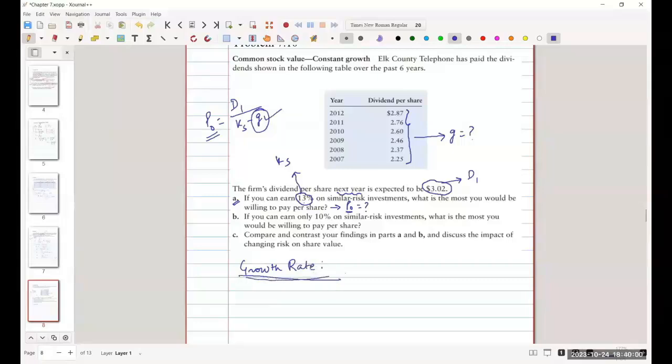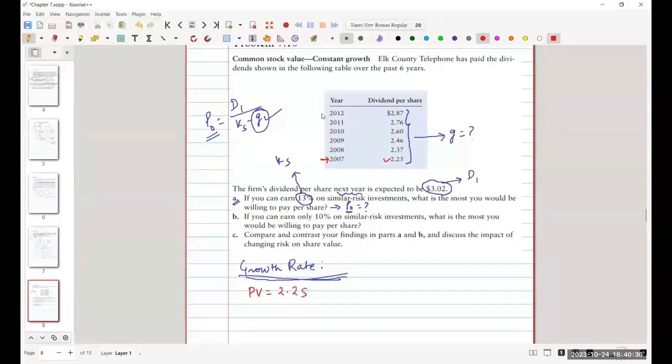On the calculator, let me change the color so that you can clearly see what I'm trying to tell you. This value here, the most ancient of all values, the very distant past, you will assume to be the starting value. Starting value is always the present value. So on the financial calculator, you will say PV is equal to 2.25.